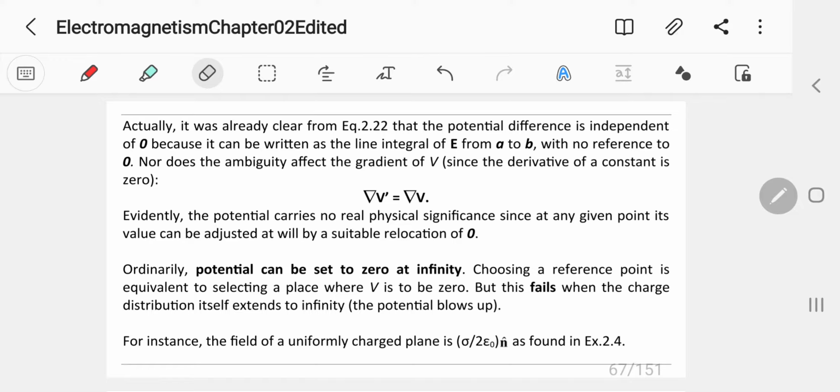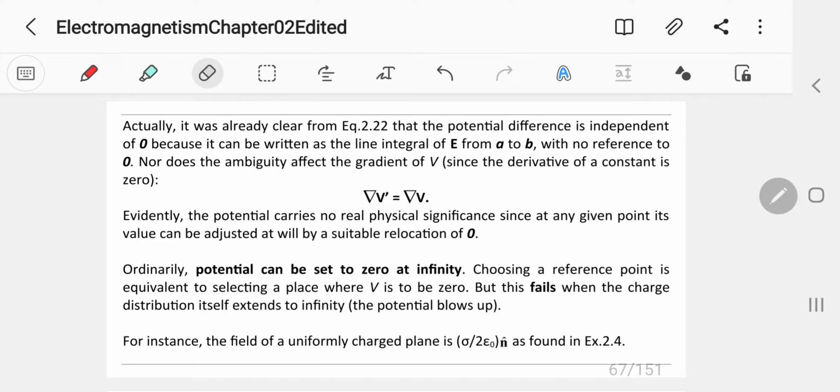But this reference point that we choose is only good for some charge concentration at some region, but when the charge distribution is going to infinity as well, then we cannot set V to be 0 at infinity, but rather we can set a potential which has some value at some point.